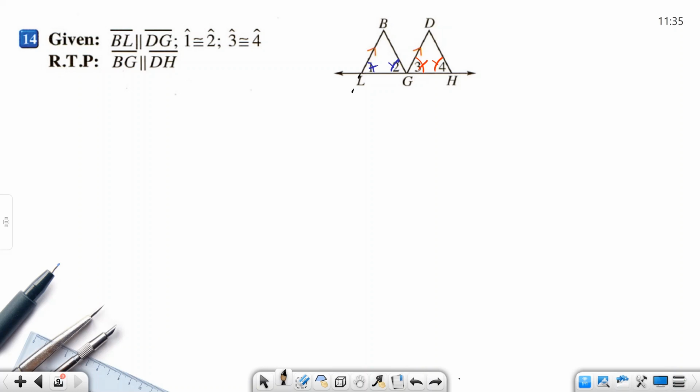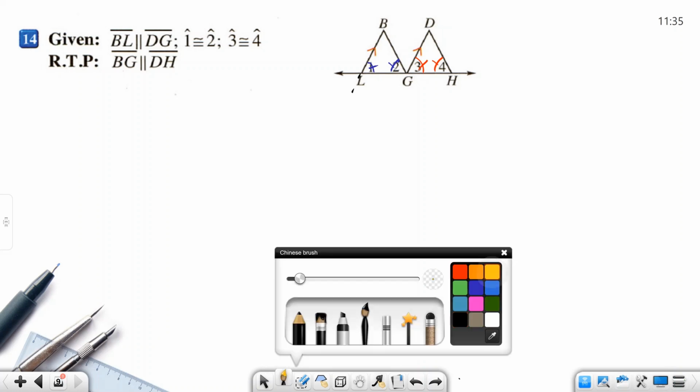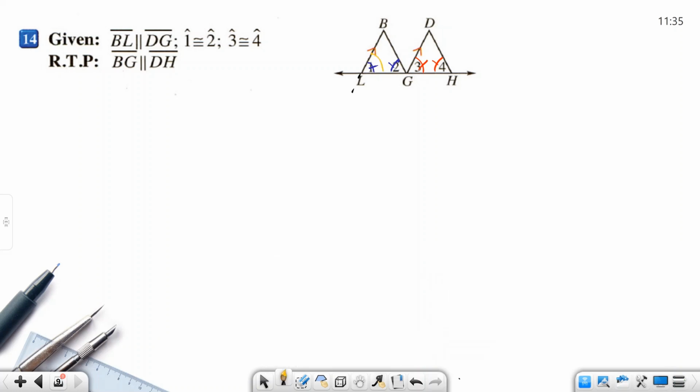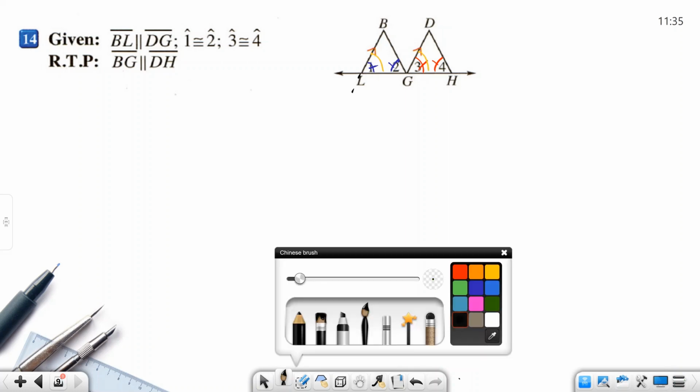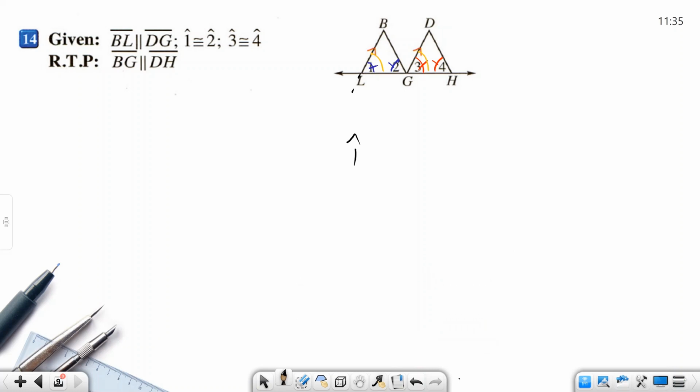So if they are parallel, this angle, because of the parallel property, I can say that angles 1 and 3 are corresponding. So if I show that one, 2 is corresponding with 4, so I can say that DH is parallel to BG. I already know from the question that 2 and 1 are congruent, and 3 and 4 are congruent.